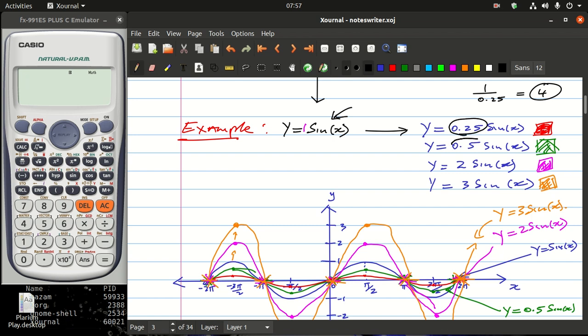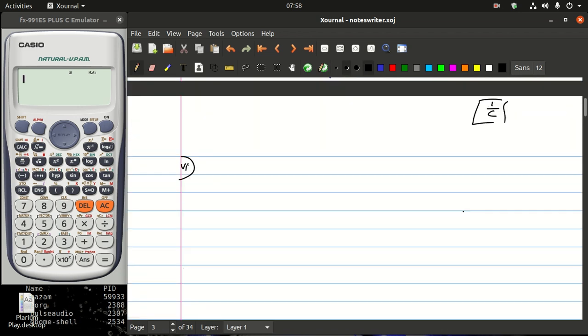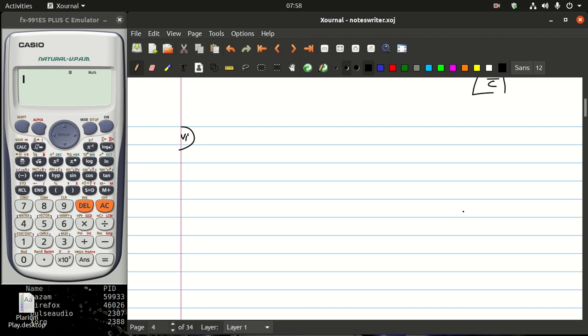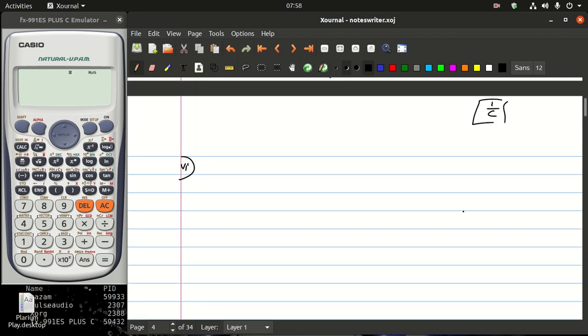We are shrinking it by 1 over 0.5, which is just equal to 2. So we're shrinking it by 2. The same thing here, we're stretching this by this factor 2, and we're shrinking it by 1 over 2. So that's the difference between shrinking and stretching.